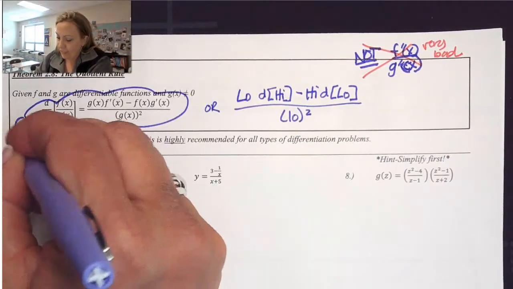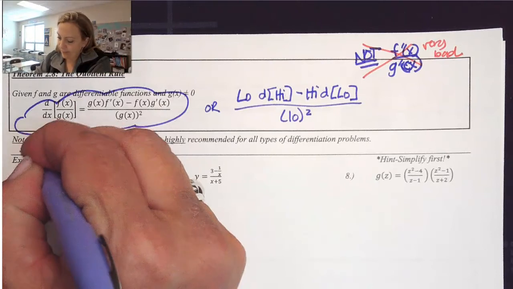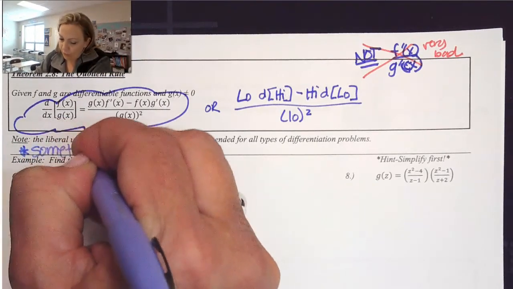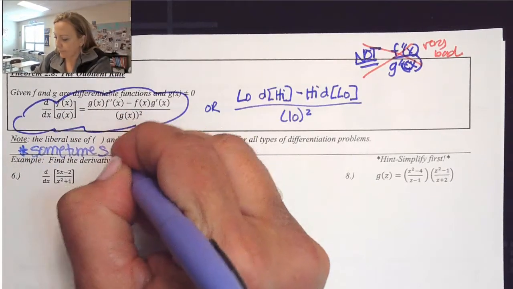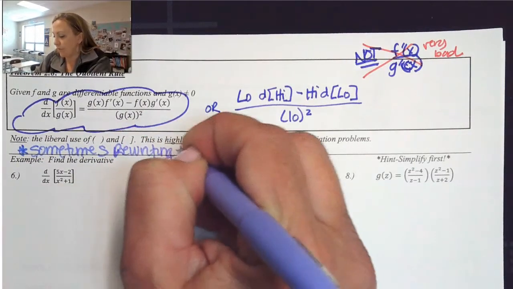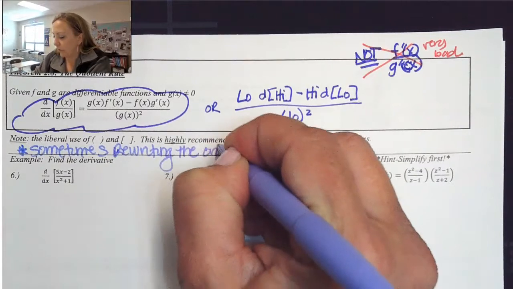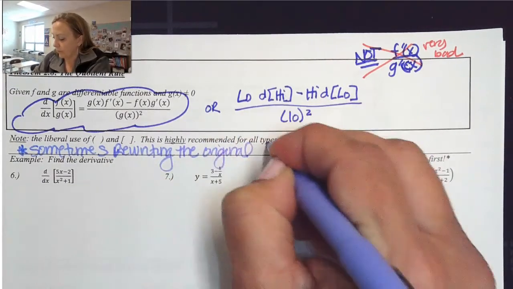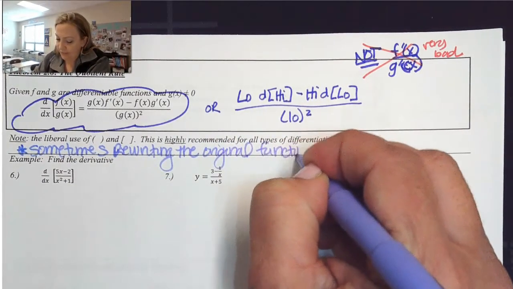That's really recommended for a lot of the differentiation problems so that we can keep the different pieces separate. One thing to keep in mind is that sometimes rewriting the original function will make taking the derivative easier.